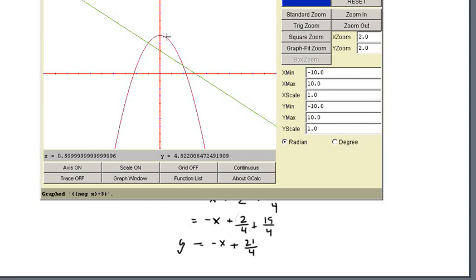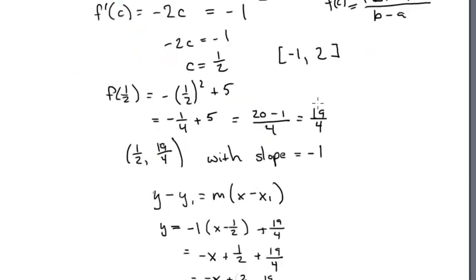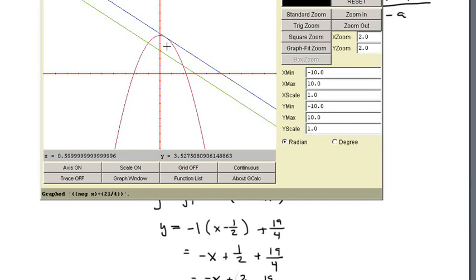And hopefully 21 over 4 will make it pass right through the function at a value equal to, what was it, 1/2. Right? So there it is. And that looks just about right. So here, this line is parallel to this line. It is tangent to the function at some point in the interval between -1 and +2.